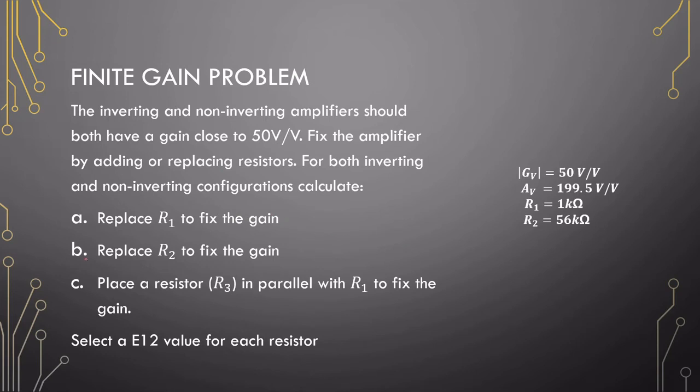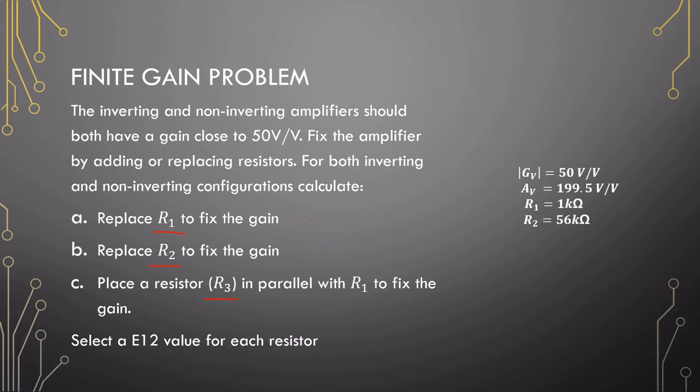So first, calculate the replacement for resistor 1. Then redo it and calculate the replacement for resistor 2. And lastly, calculate a parallel resistor to resistor 1.